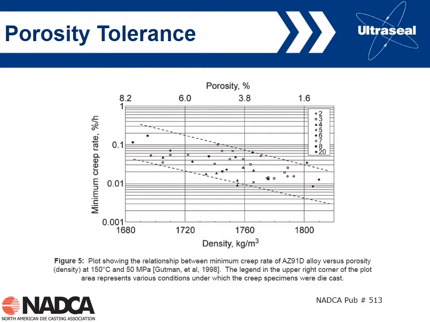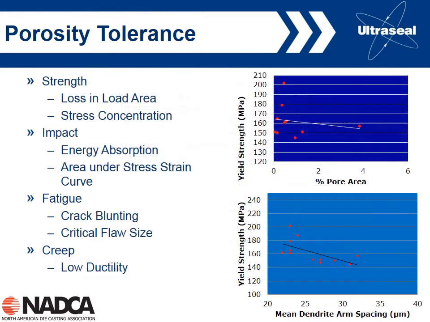Then if I look at creep, this is what we're showing here. This is the minimum creep rate against density. And so obviously as density increases, then porosity is decreasing. I see a similar kind of trend here. But with small levels of porosity, I don't really see a big impact on creep rate. So we can here look at a little bit more data in terms of porosity tolerances.